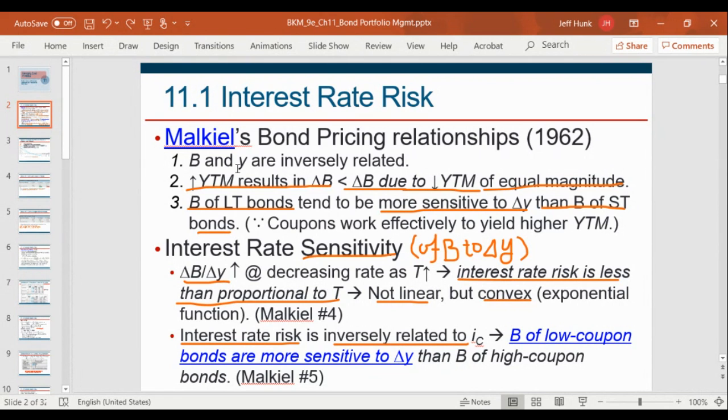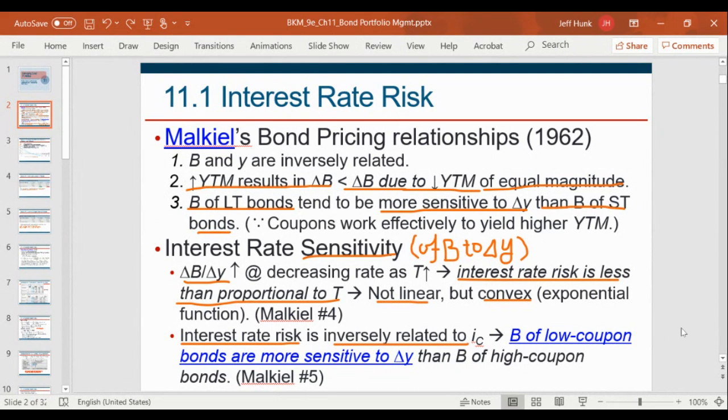It's nothing new. We already know there is an inverse relationship between the bond price and interest rate. However, an increase in yield results in a change in the bond price that is smaller than the change in the bond price due to a decrease in yield to maturity of equal magnitude.